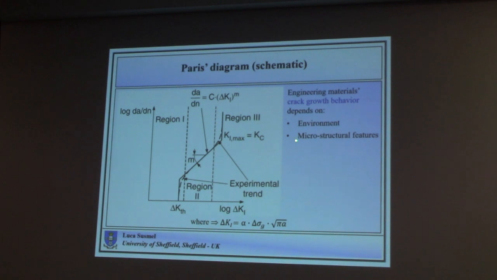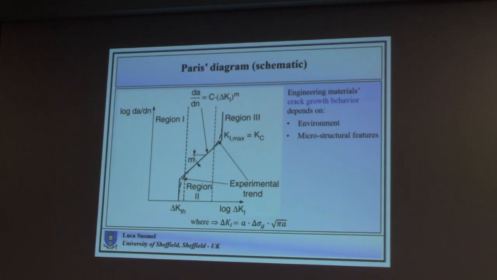And what I'm saying about microstructural features is that, if you get a piece of steel and for instance you heat treat your material in order to change the grain size, technically speaking the designation of your material is still the same, but the microstructural features are different, because for instance you get bigger grains, and the fact that you have bigger grains can affect the position of the different lines in your graph.